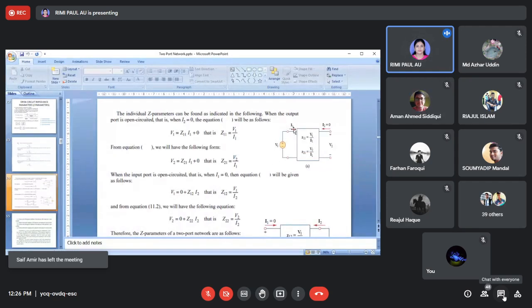The current I1 enters this port, and I measure the voltage here, that is, the output voltage, because I have open circuited this part. The supply voltage is given to the input port and current is entering, so I get V1, I1. As the output is open circuited, no current flows in the output port, so we can measure only V2.